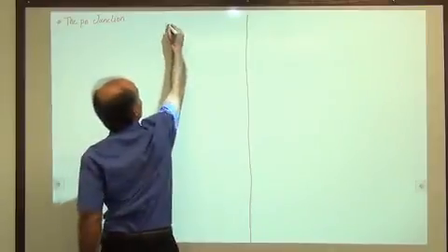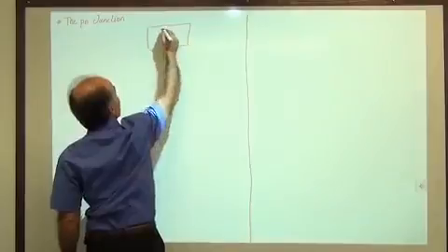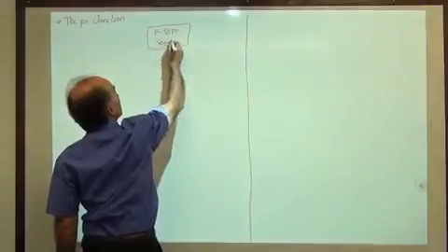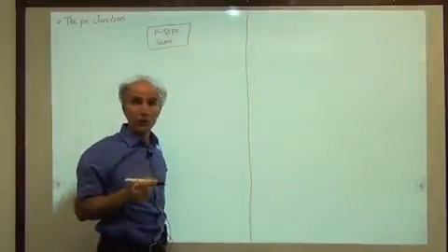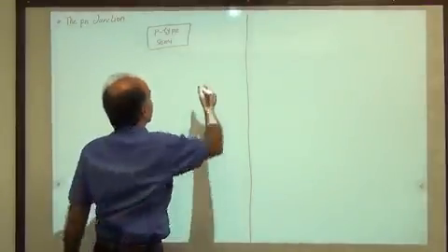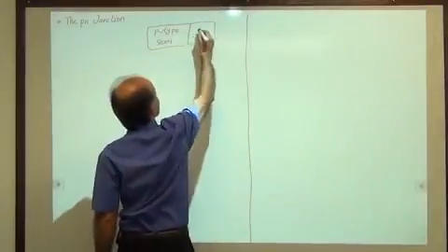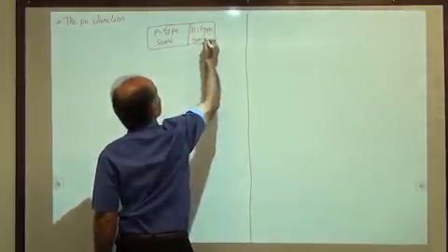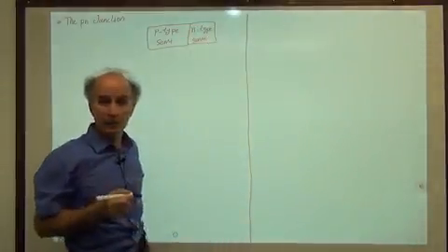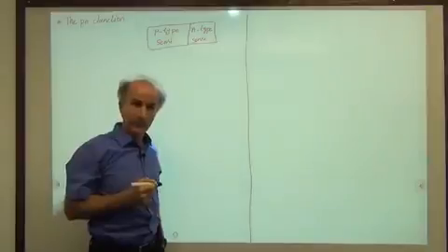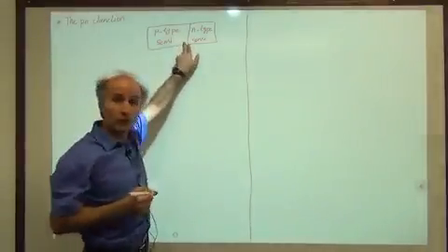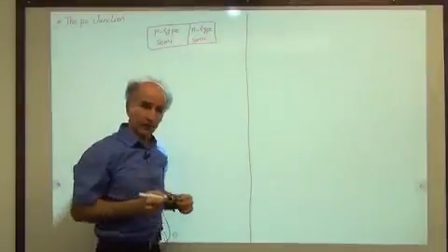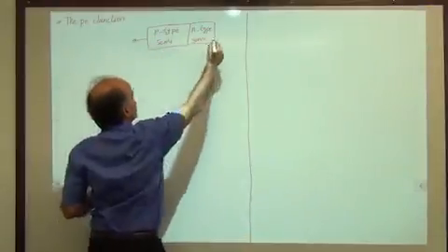We have a piece of P-type semiconductor, for example, silicon doped with boron, and a piece of N-type semiconductor, for example, silicon with phosphorus atoms, and we have attached them together to form a junction right here. This is a two-terminal device. This is one terminal, this is the other terminal.